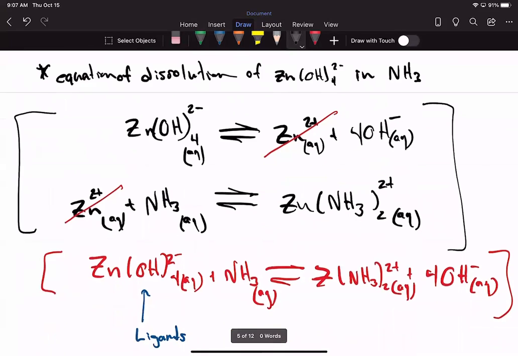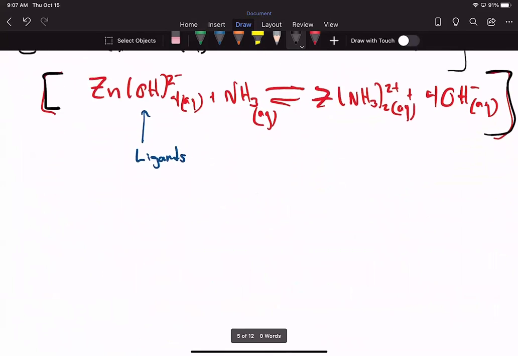So this is our equation of dissolution of zinc hydroxide in a solution of ammonia. We took our zinc hydroxide and we wrote a reaction for its dissolution. And then if we take that and put it in a solution of ammonia, what's going to happen? We're going to get this new complex ion here.